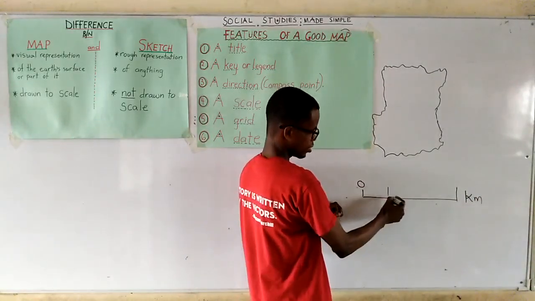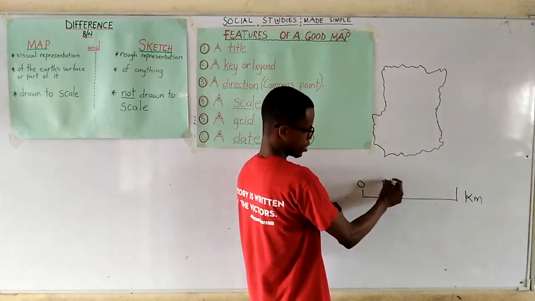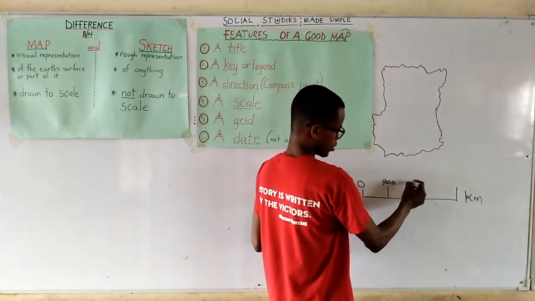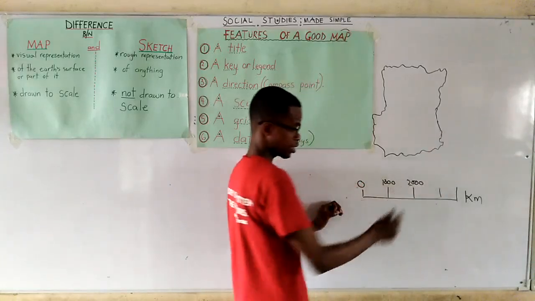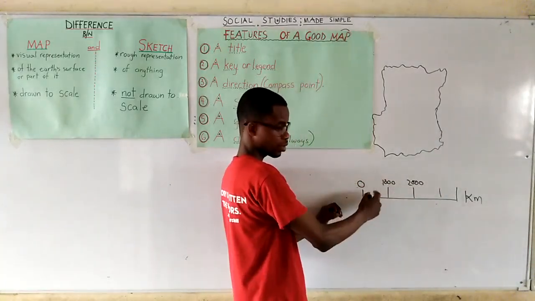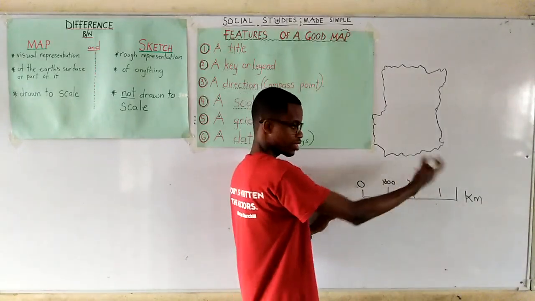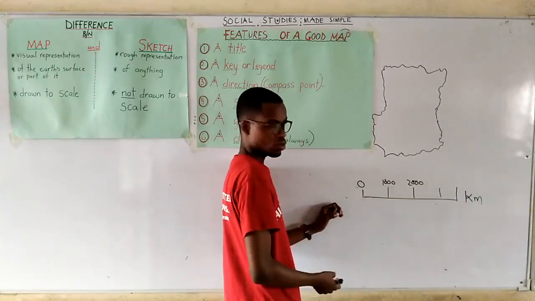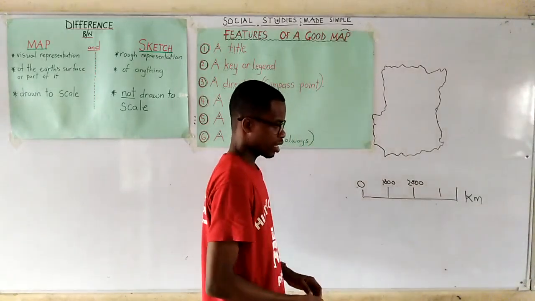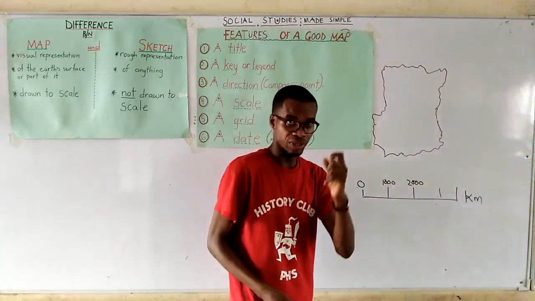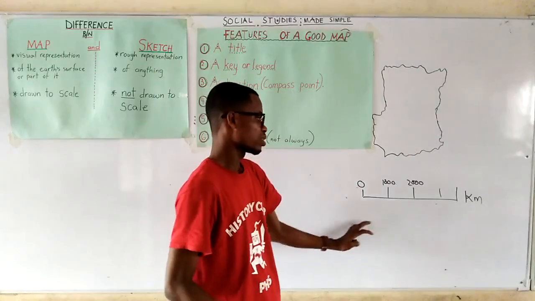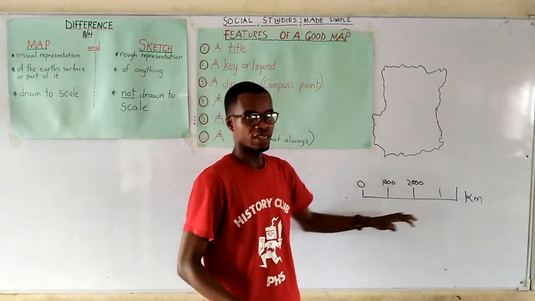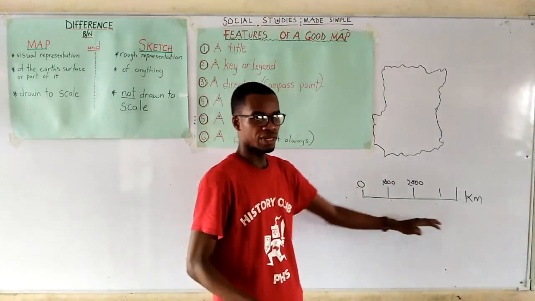Then you see 0, maybe 1,000, 2,000, 3,000 in that order. It could be 50, or it could be 10, 20, 30, 50. So you have this as a scale. So always when you pick the atlas, look at the drawings and then the maps, and then go to the bottom. You find a scale over there. They are normally placed here.